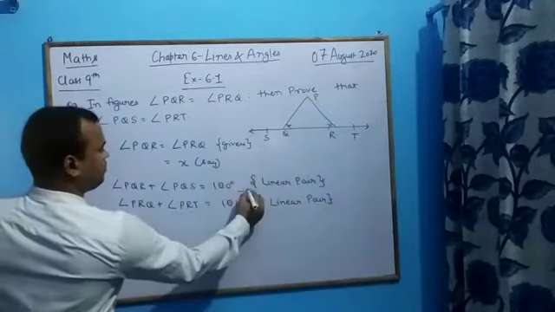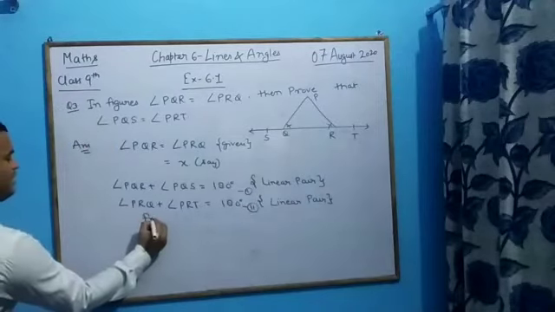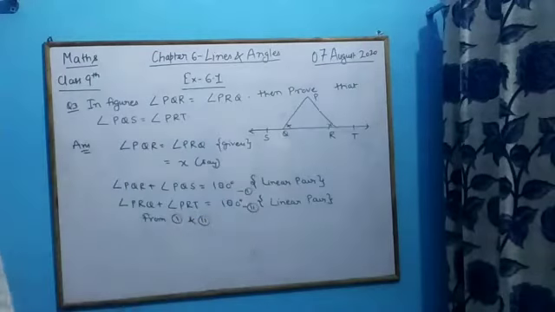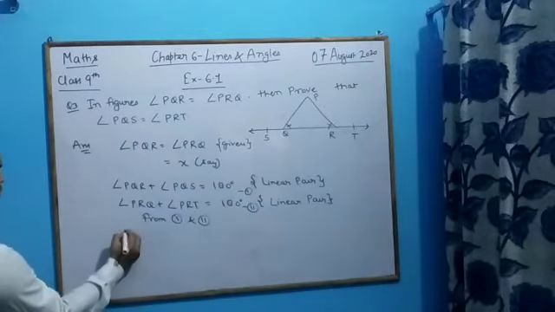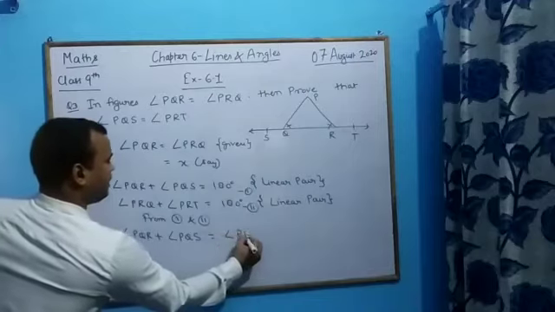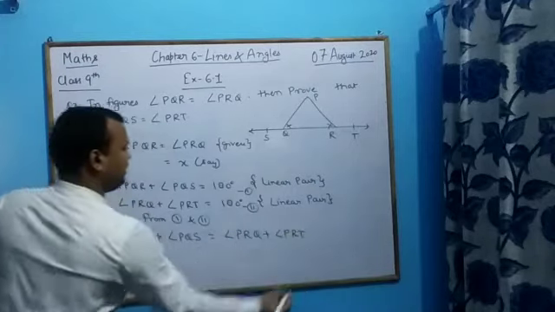As both are equal to 180 degrees, from 1 and 2 we can write angle PQR plus angle PQS is equal to angle PRQ plus angle PRT.